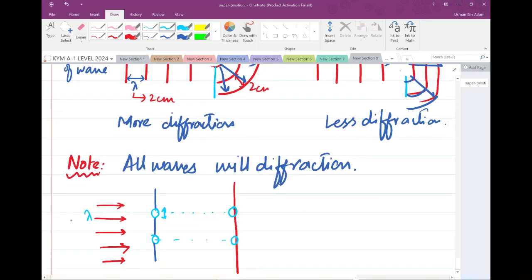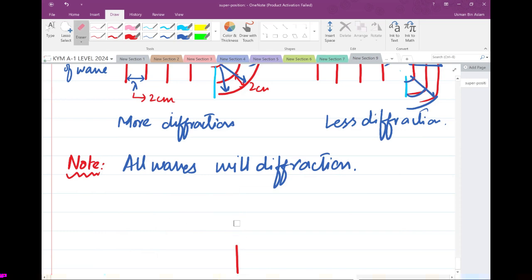So if you identify something unknown, and we don't know if it's a wave or a particle, if it starts showing us diffraction, we will say this particle or this object is behaving like a wave. But let's not get ahead of ourselves right now. Let's keep it simple and discuss only the waves that we know are waves.